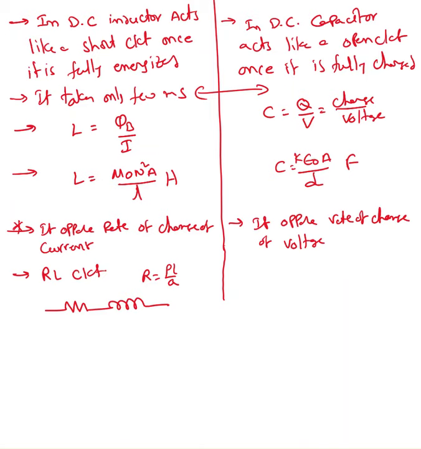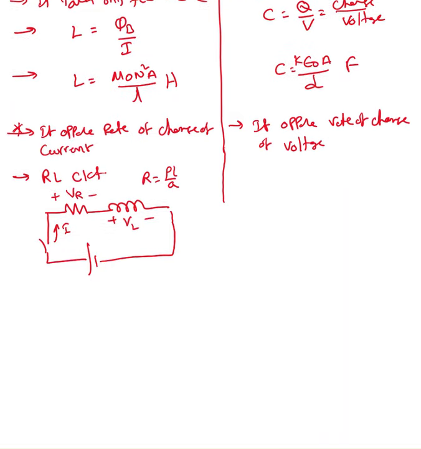Now in RL DC circuit, here is the current. Once I close the switch, that's the current, and VL and VR. How this is going to work, I will explain in a graph format.